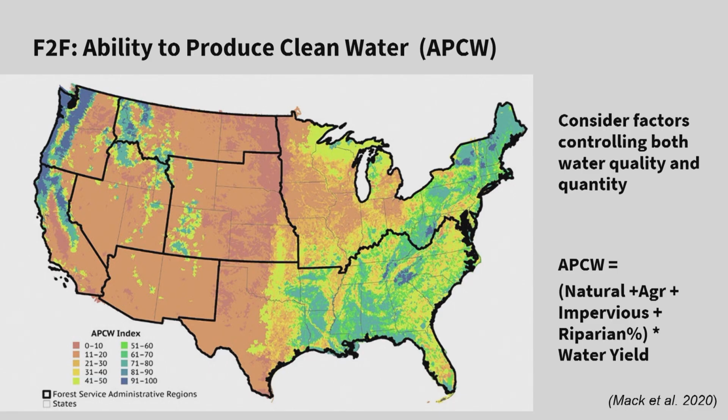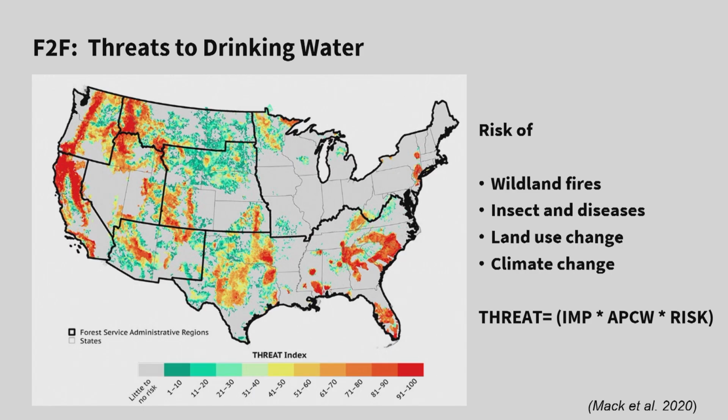For example, for the riparian zone, you need high resolution to do that, and also land use, land cover types. Also, as mentioned, we need to look at the threat to water, both factors, right?